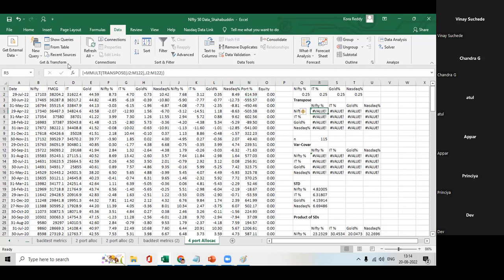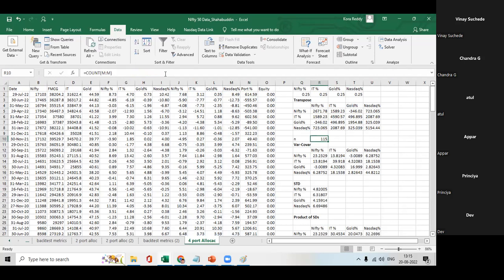That's why it's giving an error. So this will become 116. And Control Shift Enter. What is the count? So that's 115 data points.